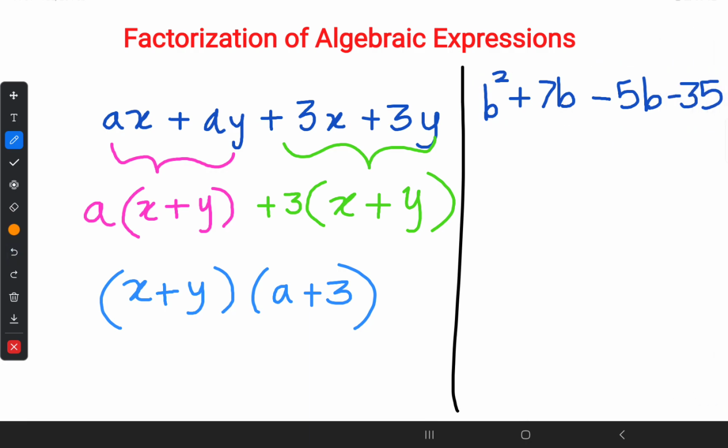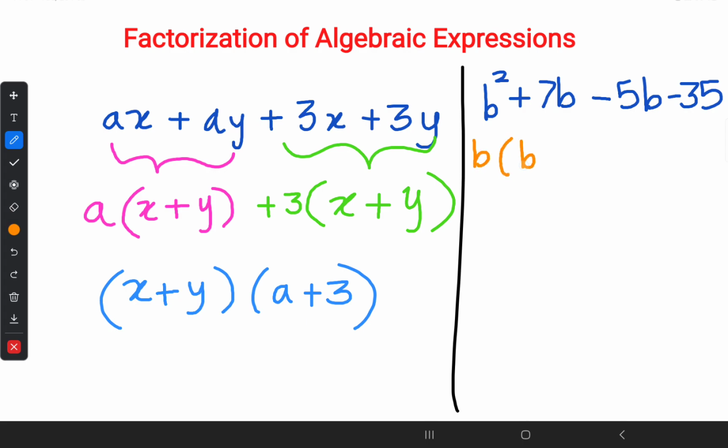Here we are not going to do addition or subtraction, just factorization. Keep it in mind, so don't add or subtract them and write it as positive 2b. Don't do that. Here we are doing the factorization. From these two, we can select b as a common factor.